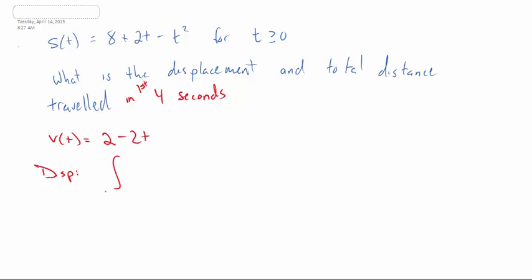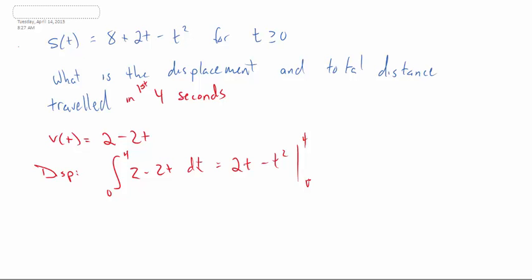So to find the displacement, it's going to be the integral from 0 to 4 of 2 minus 2t dt. And that's an antiderivative we can take. 2t minus t squared, evaluated at 0 and 4.